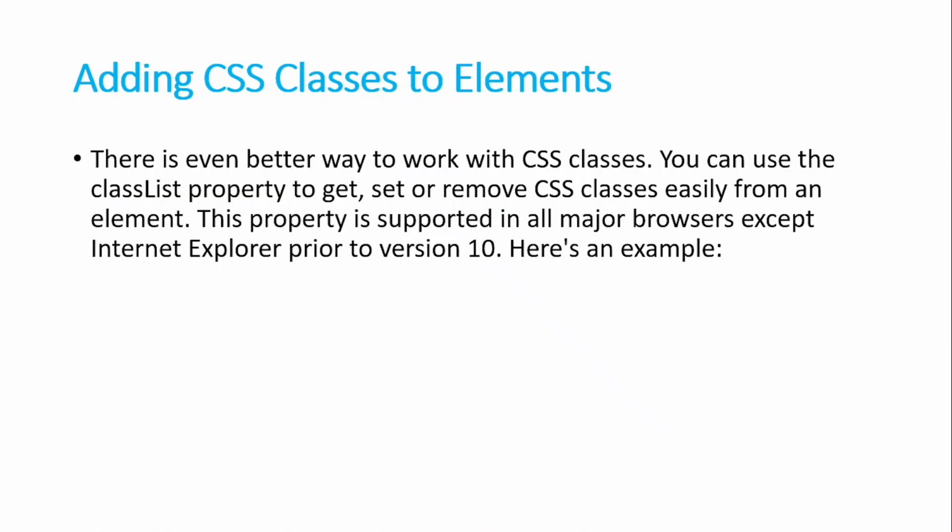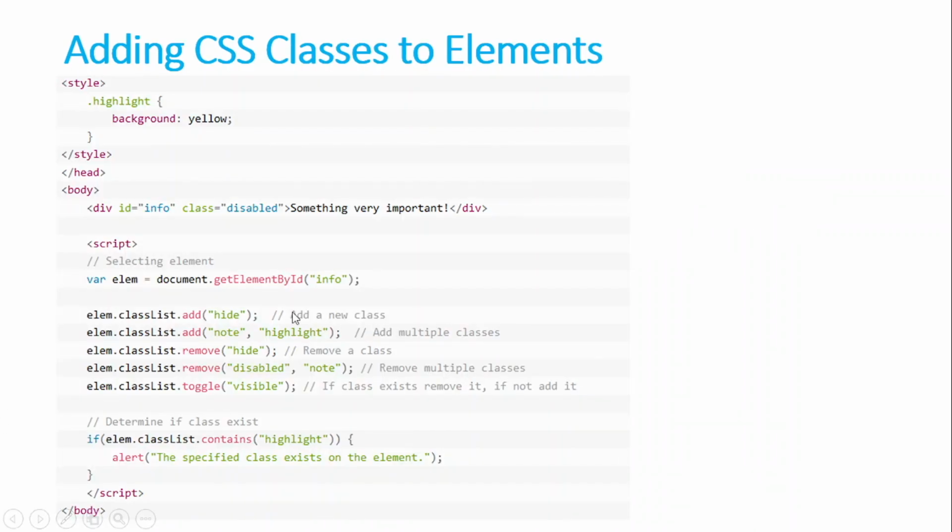There is an even better way to work with CSS classes. You can use the classList property to set, get or remove CSS classes easily from an element. This property is supported in all major browsers except Internet Explorer prior to version 10. So before version 10, we cannot use it in Internet Explorer. Let's see the example of what we are talking about.